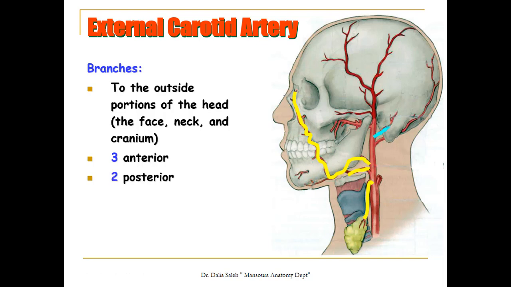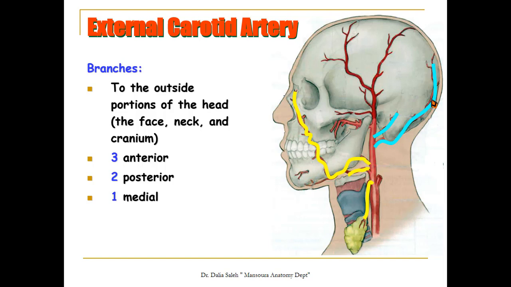Also, we have two branches coming from the external carotid artery from its back. One will just lie behind the auricle, we will call it the posterior auricular artery, and another one will lie over the occipital bone, we will call it the occipital artery. Then we have a deep or medial branch. You cannot see it in this diagram because it lies deep to the external carotid.